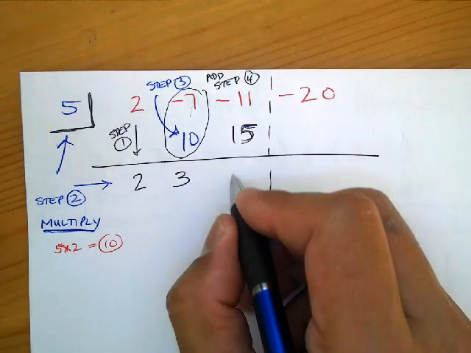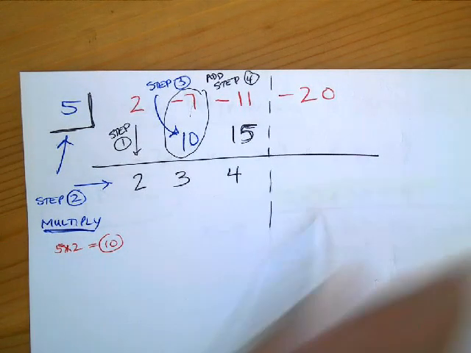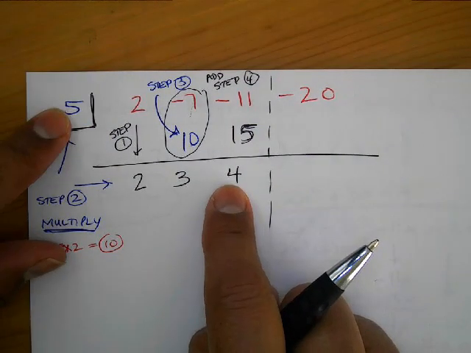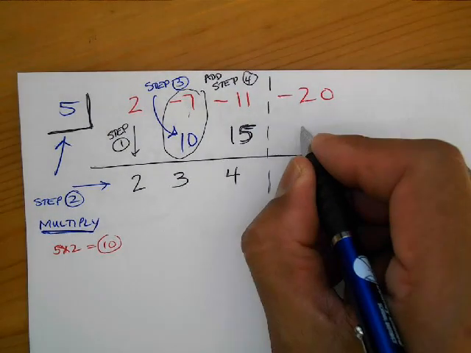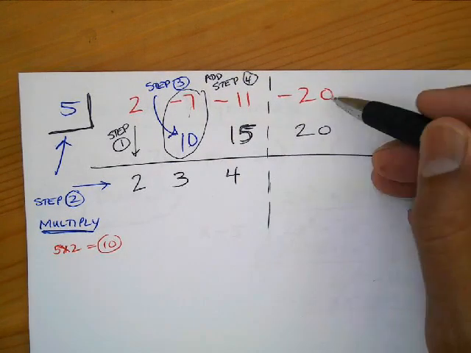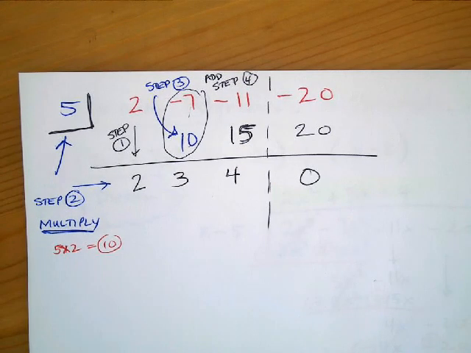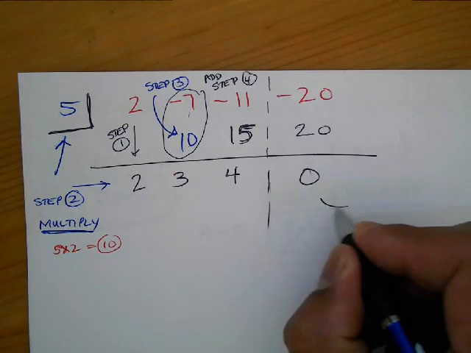15. These what? Add. These and these multiply. And these two add.